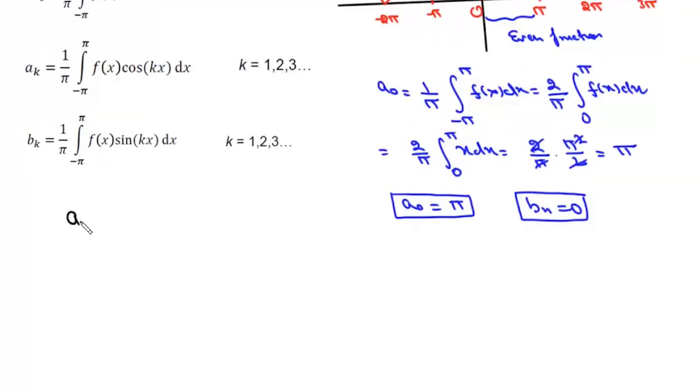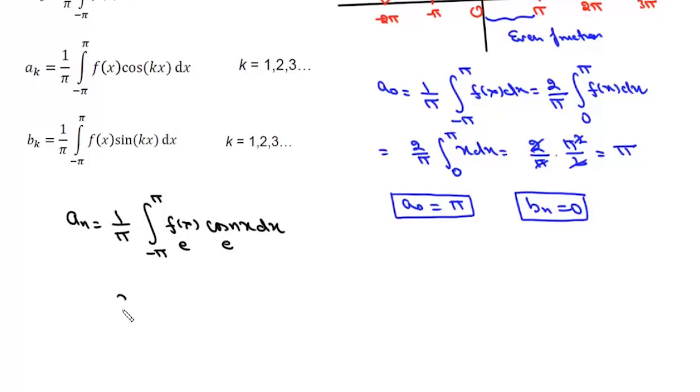Now we can simply write an as 1 upon pi, and then the integral from minus pi to plus pi f(x) cos nx dx. Now f(x) is even, cos x is even, so it is an even function.